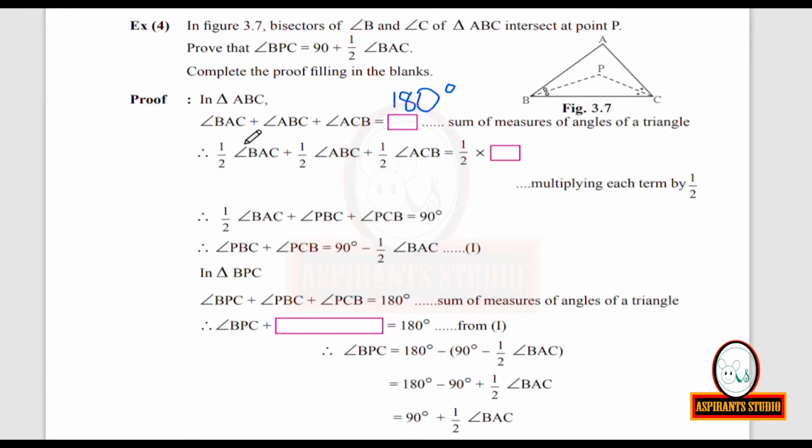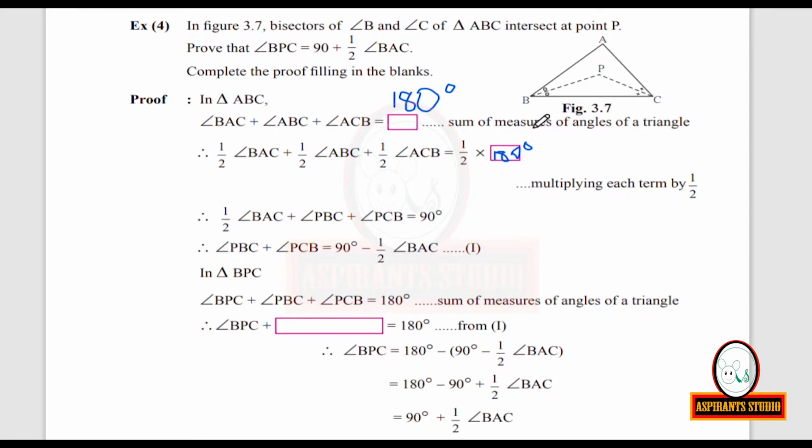So now when you multiply each term by half, you will get half of measure of angle BAC plus half of measure of angle ABC plus half of measure of angle ACB is equal to half of 180 degrees. Now, half of 180 degrees means it is 90 degrees.